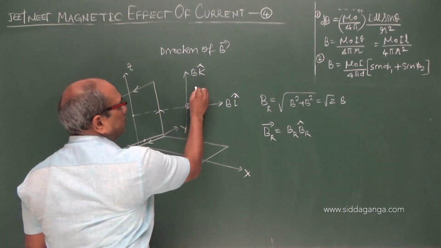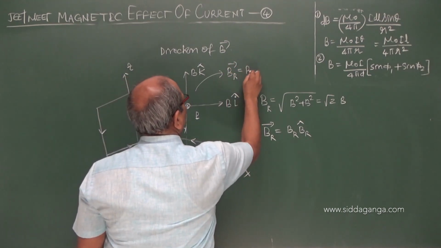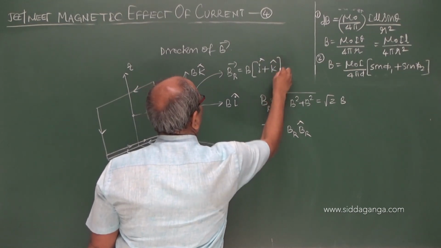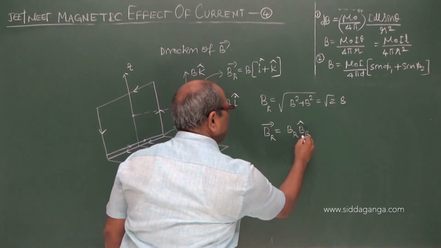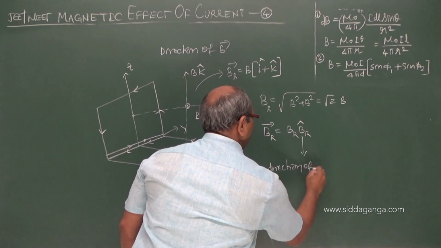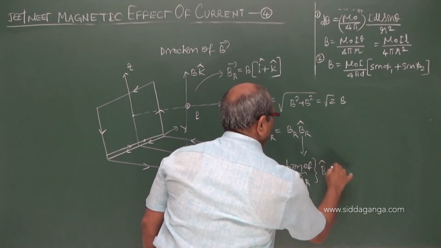What is B_R in this? I can write the vector form directly as B into i plus k. It is the vector form. This gives you the direction of B_R.